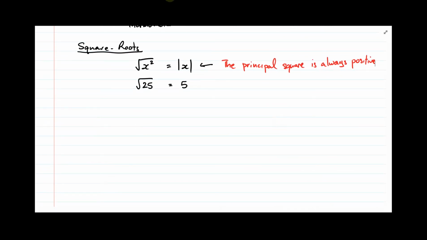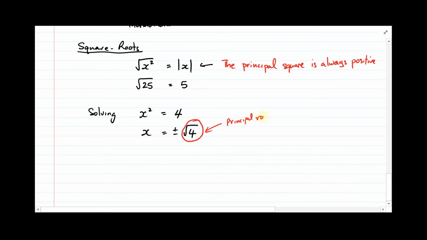If you were solving an equation, x squared equal to 4, yes, it's true that I say x is plus or minus the square root of 4, but when evaluating this part, the square root of 4, I will use that principal root, which is just 2, so it's plus or minus 2.